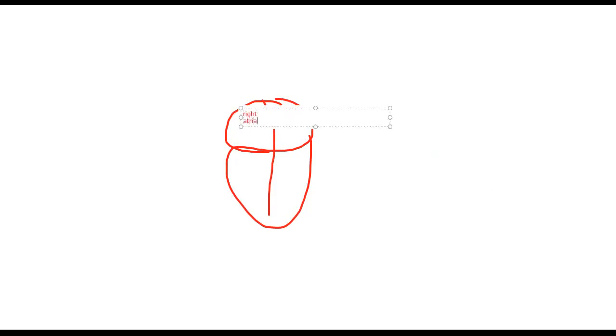Right atria. So let me increase the size so that you will be able to see. Okay, so what is this? Here, this chamber we say left atria. So the upper two chambers are atria. You may call them auricles, no matter. That doesn't make much difference here, at least in first year.